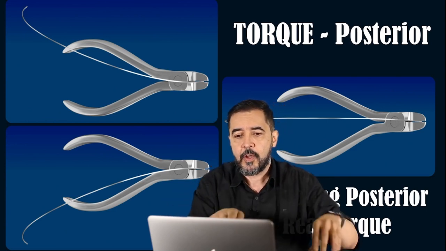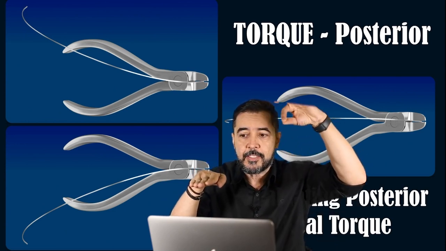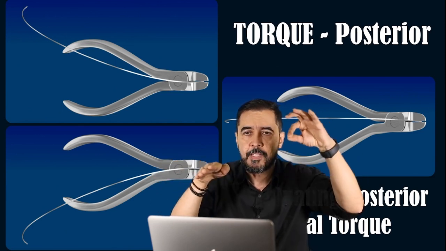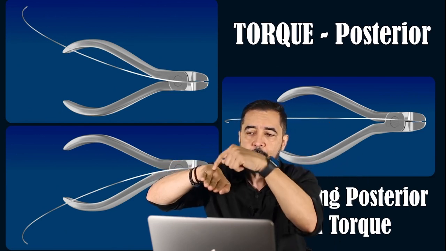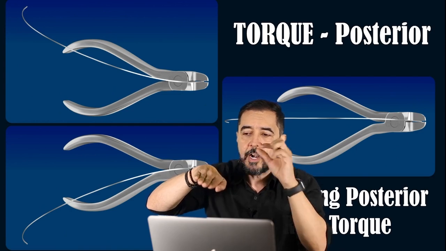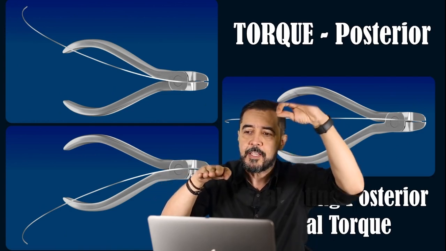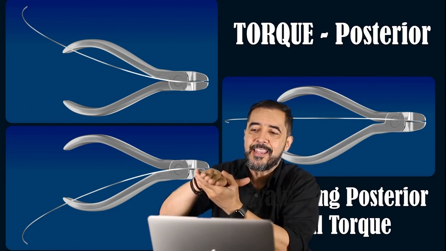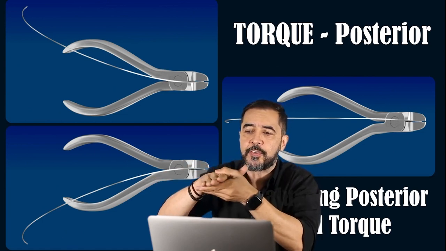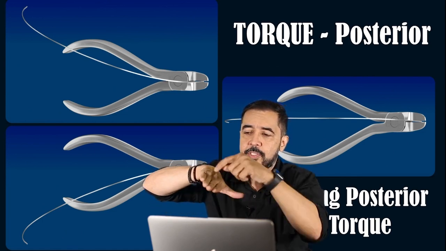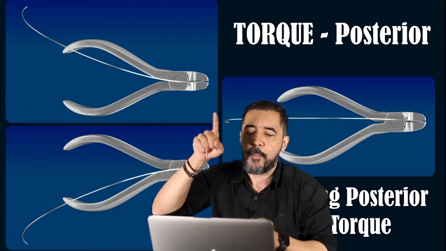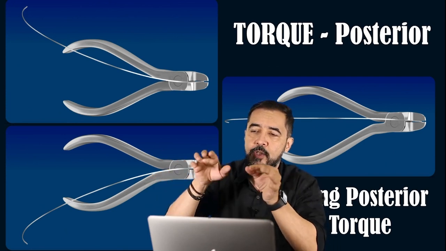So think of it. When I have it here, it is up. When I go like this, look at my hands. So this part of the bracket is going to suffer a torsion, it's going to suffer a couple, which is generated by these 2 points of the arch wire touching opposite and distant points of our bracket.